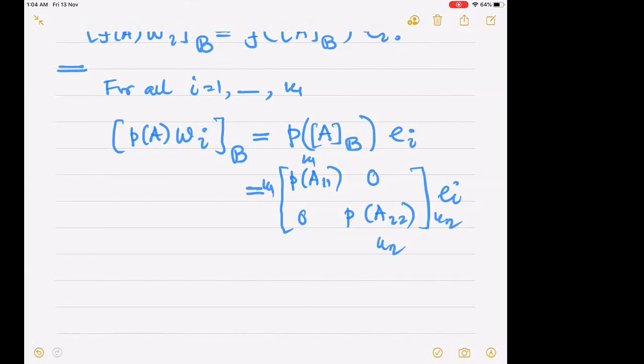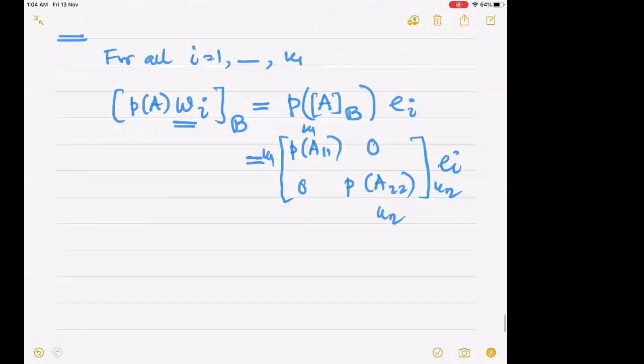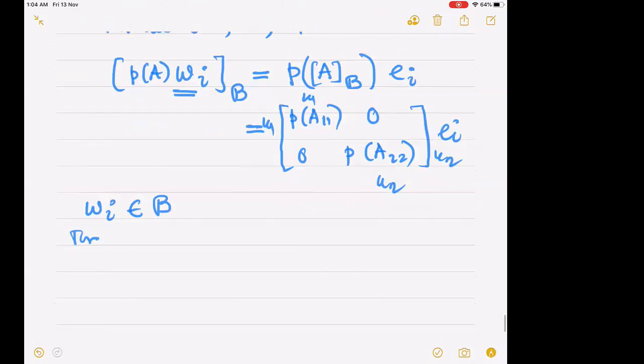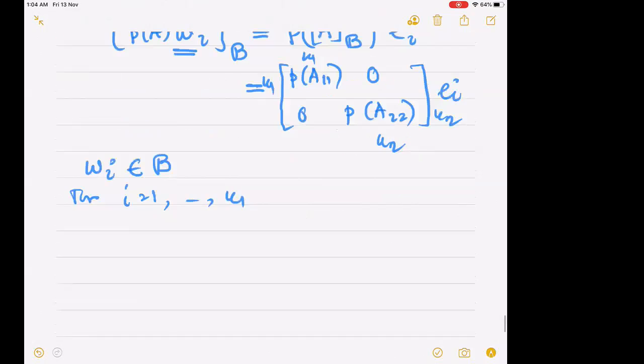But W_I is what? W_I is the ith basis vector in B. So for I from 1 up to K1, these vectors are in fact in B1, and therefore these vectors are in fact in W1, which happens to be the kernel of P(A).